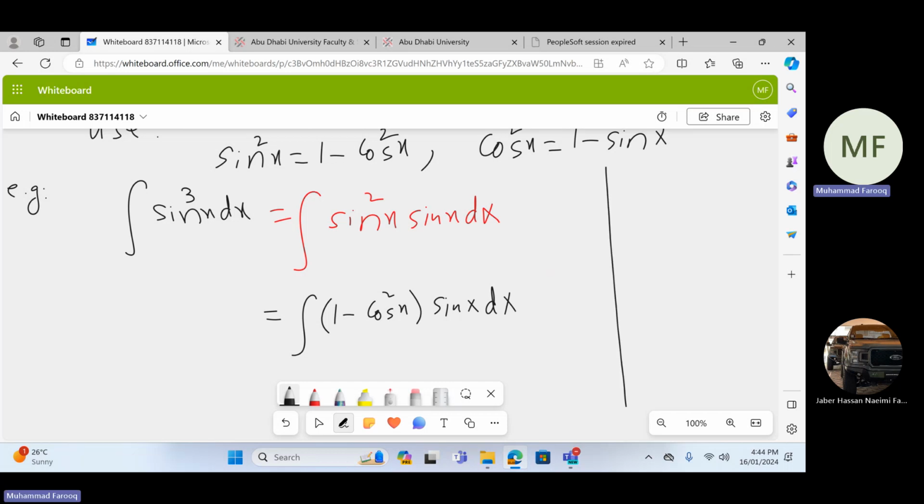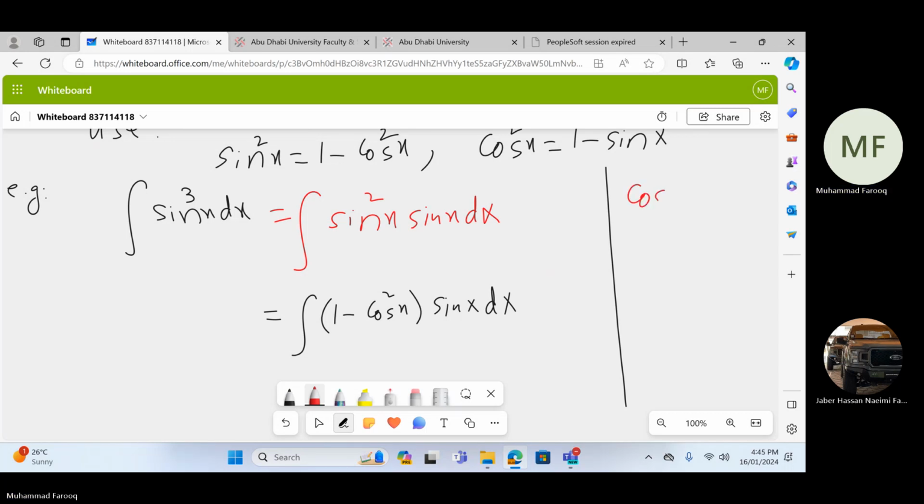Which function should we take as u? Not cosine square, and not sine. Come on, use substitution.